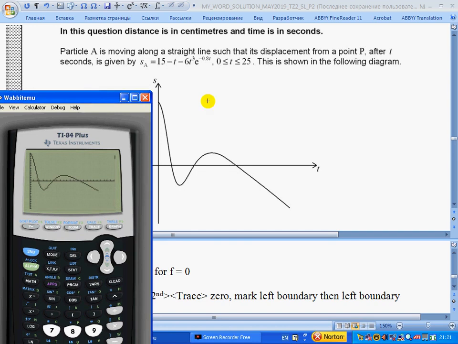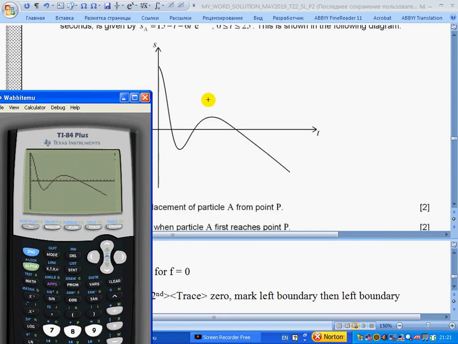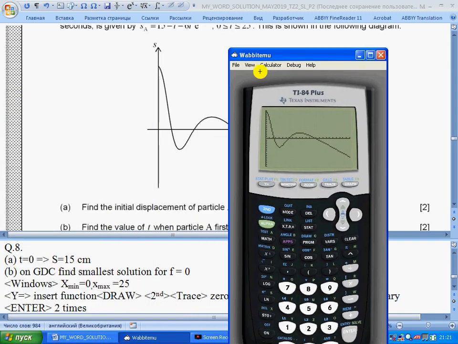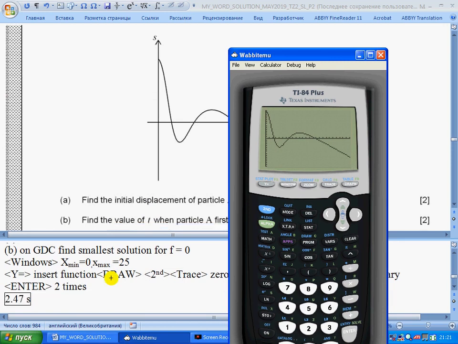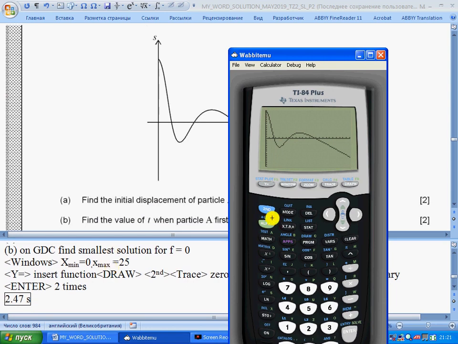And we should find this first minimum. So we have drawn the function. Now, second trace, we need 0.